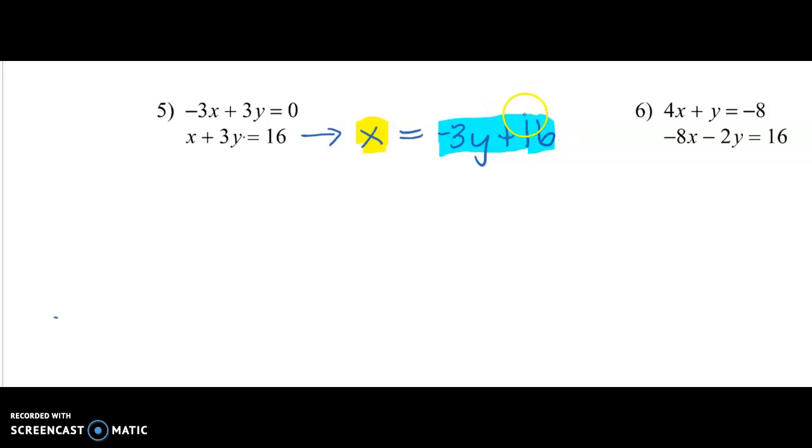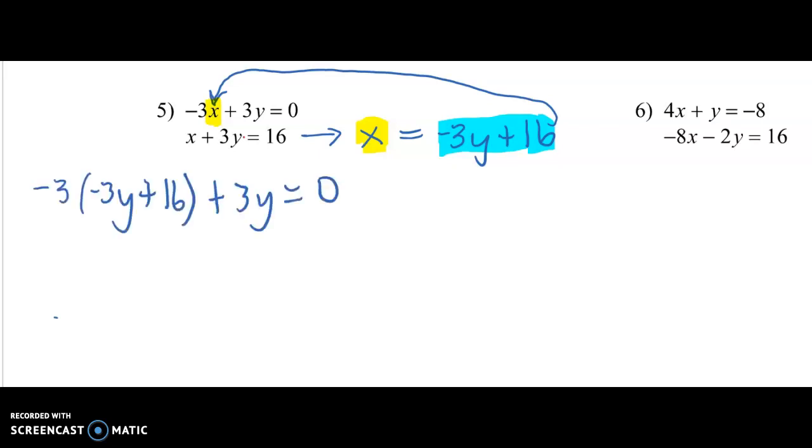We're going to take that expression, negative 3y plus 16, and sub it in for x, this time in the first equation. And this is what it's going to look like. Okay, so we're subbing in that negative 3y plus 16 in for x in the first equation.